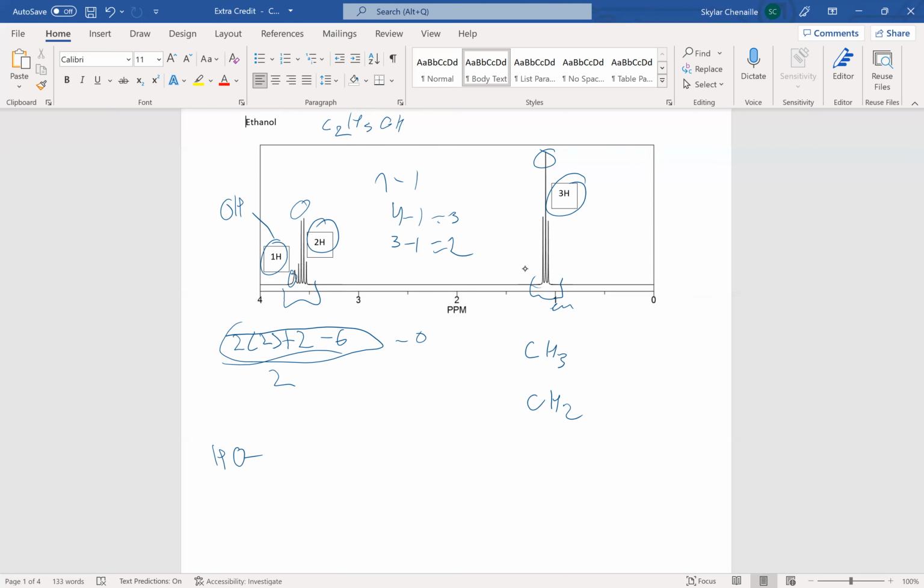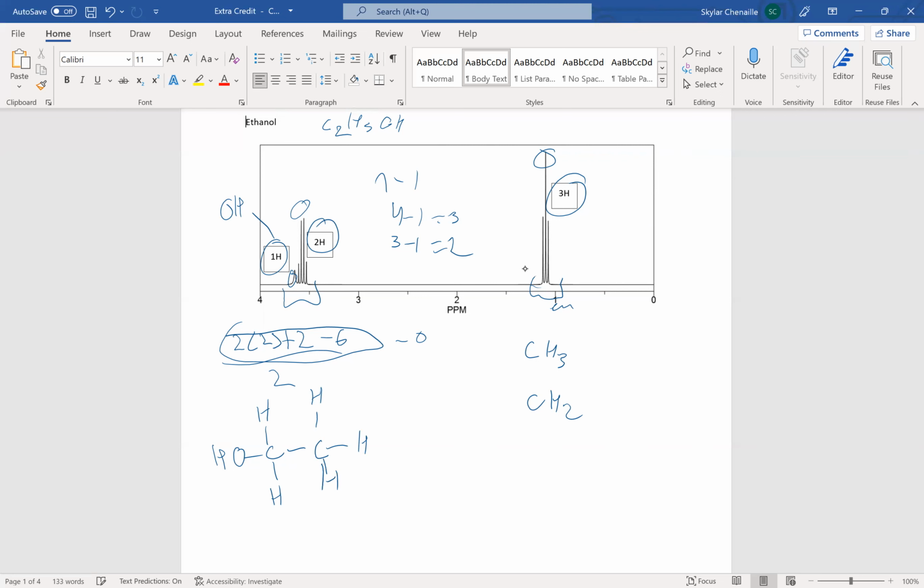That would be our CH2, because this is neighboring this one. So that's going to be attached to a carbon here, and we have these 2 hydrogens. That basically just leaves us with our last group with the 3H, our quartet. So we have carbon here, hydrogen here, hydrogen here, and hydrogen here.